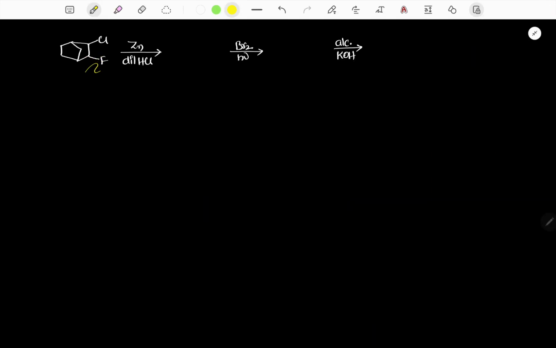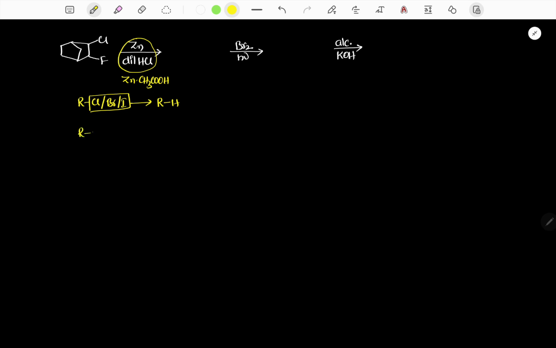It is an alkyl halide. Alkyl halide treated with zinc and dilute HCl. We can also use zinc and acetic acid. So it is from NCERT. From NCERT it is very clear that alkyl chloride, alkyl bromide and alkyl iodide, when treated with this reagent, undergo reduction and finally produce alkane.